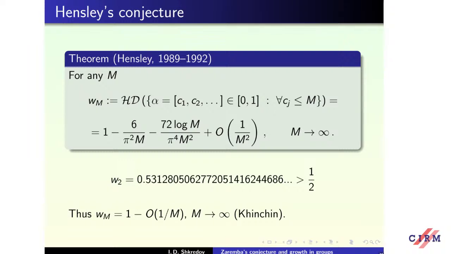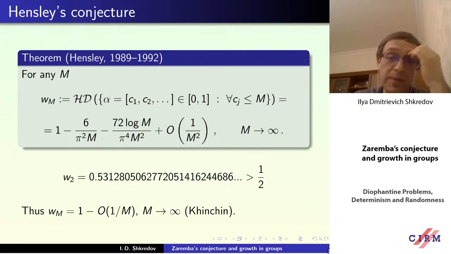Hensley considers the following real dynamics of Zaremba's conjecture. So he considered the following set of real numbers: alpha belongs to the segment from 0 to 1, all a_j are bounded by M, and then it was a result of Hensley that the Hausdorff dimension of this set can be estimated in a very nice way.